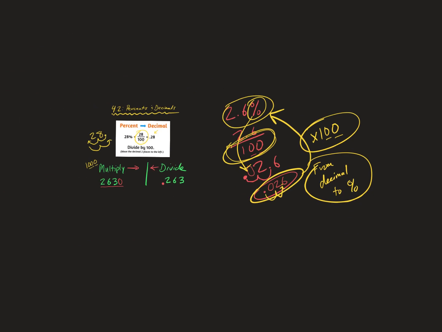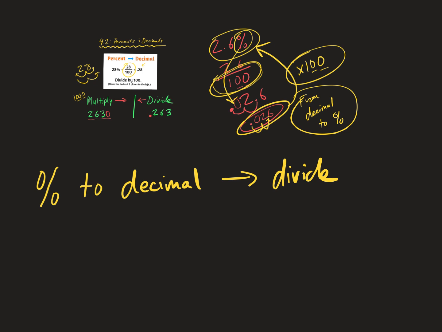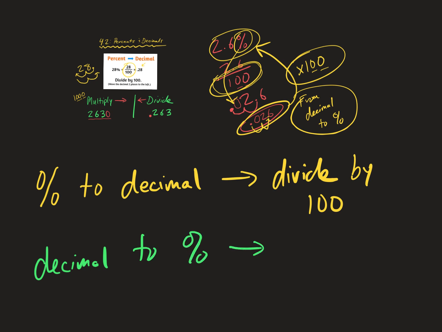Let's write all that out just to be clear. Percent to decimal, I will divide by 100, and from decimal to percent, I'm going to multiply by 100.